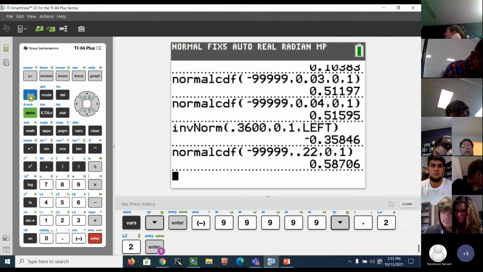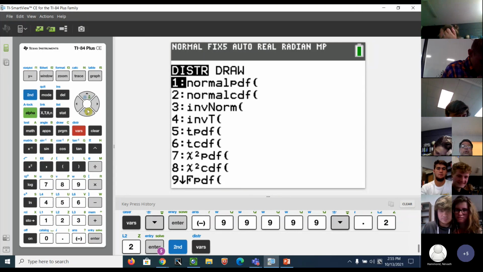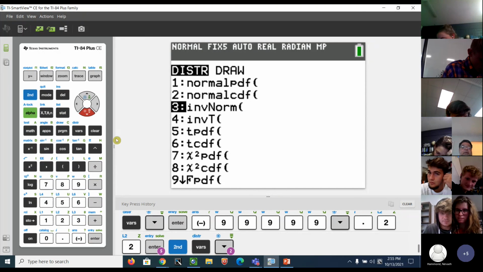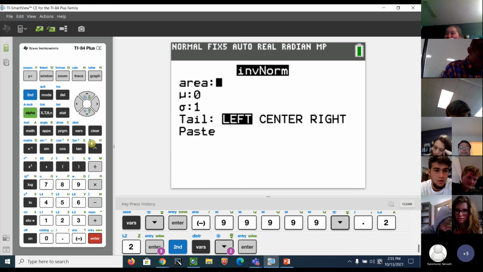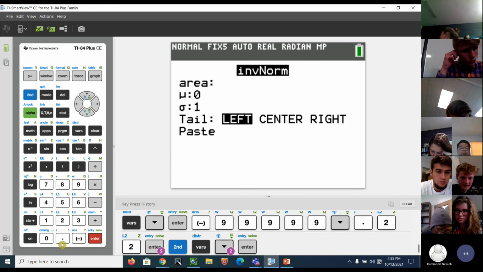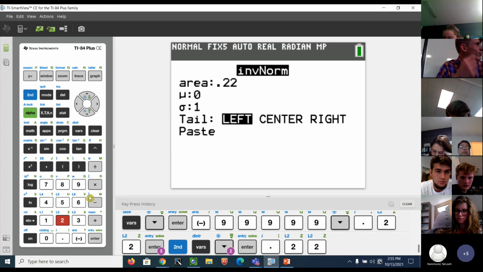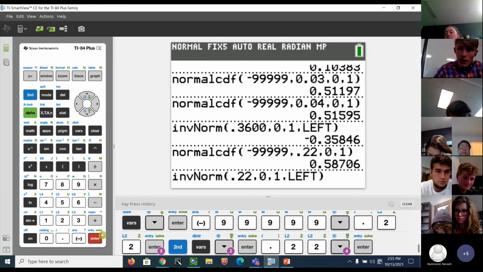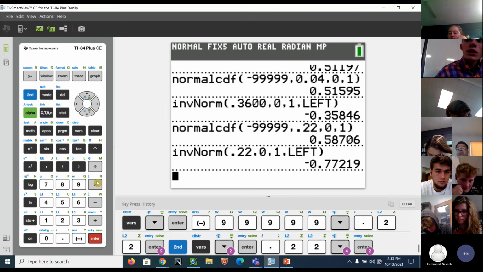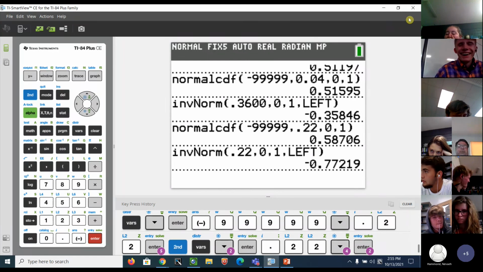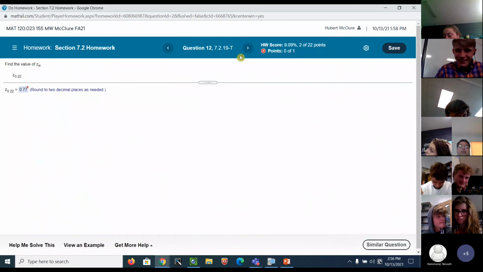All right. Second, inverse norm. If this is correct, it's not correct. 0.22, it's sort of correct because it gave me negative 0.77. Yeah, that's not right. You cannot tell a student that. I don't know why they're doing that.